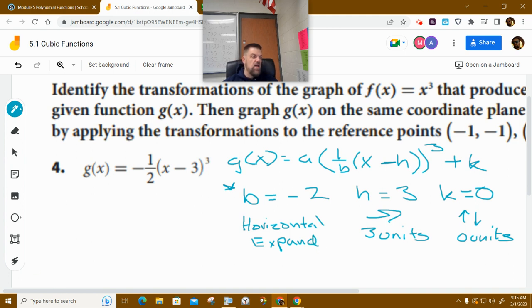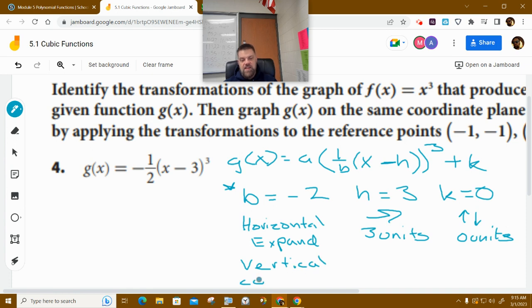Okay? But now, if you think of it as vertical, and there's a reason I'm telling you both, what does that mean? Well, vertically, it would do what? Compress, yes.